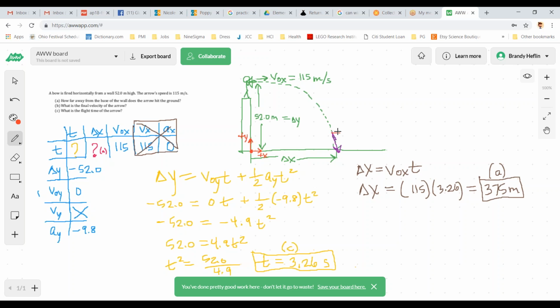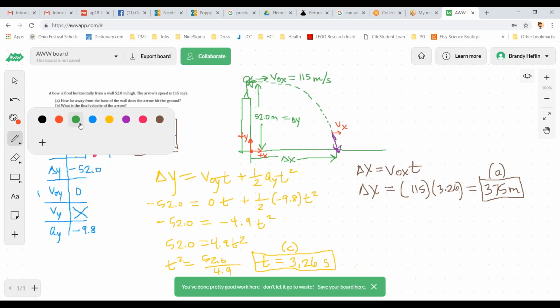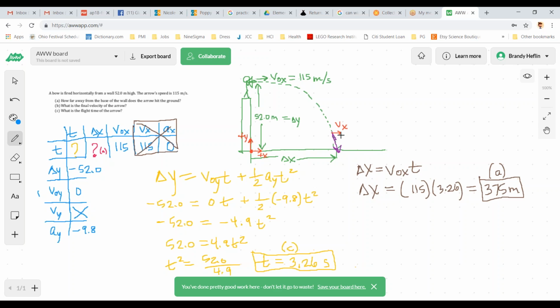So it's going to have a Vx, a horizontal component of its final velocity, and it's going to have a vertical component of its final velocity. Well, we know Vx. Vx is going to be the same as v naught x because there was no horizontal acceleration. So we're going to have to find Vy.